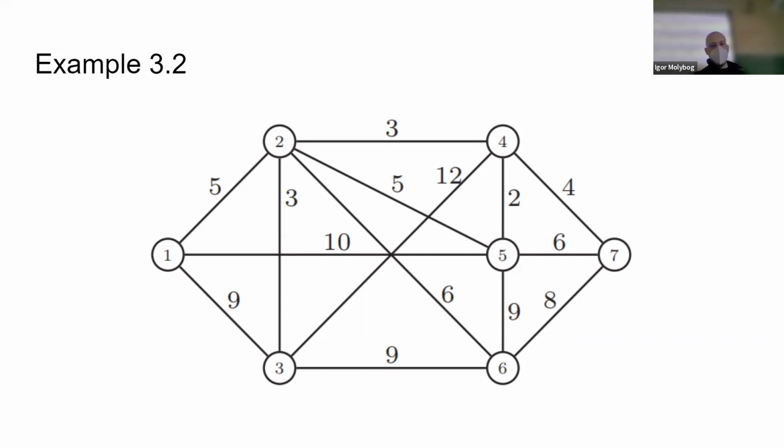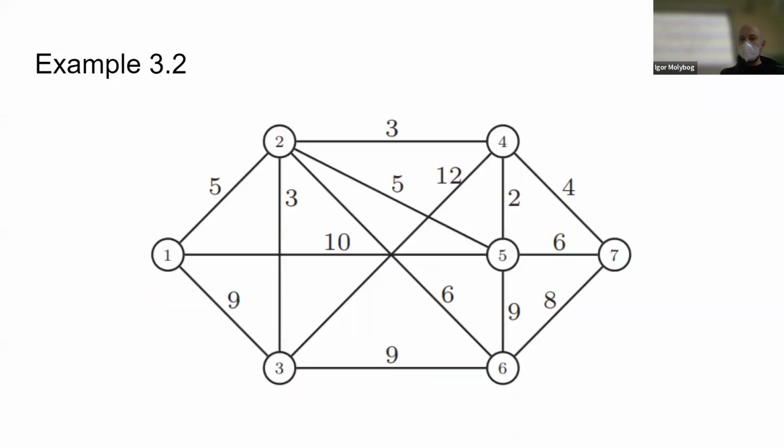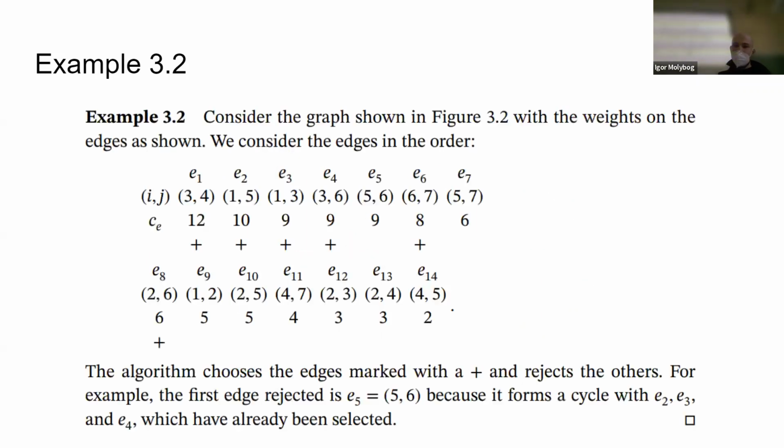Therefore, 5, 6 would not be added to the graph, and then 6, 7 will be added. 5, 7 will not. So after we have added 6, 7, 5, 7 cannot be added because it will add a cycle of this form, and so forth.